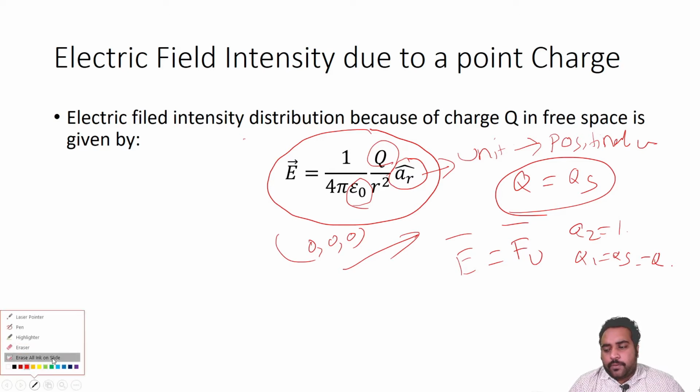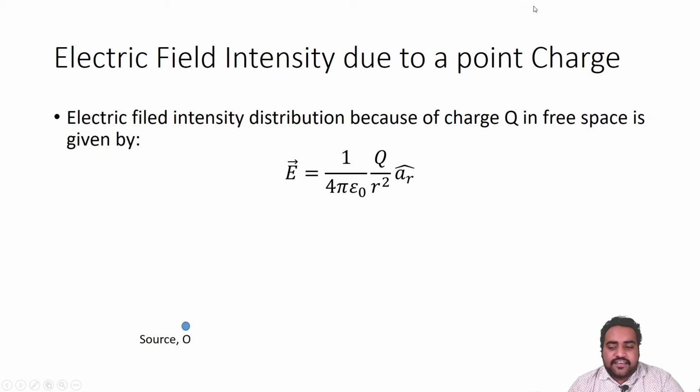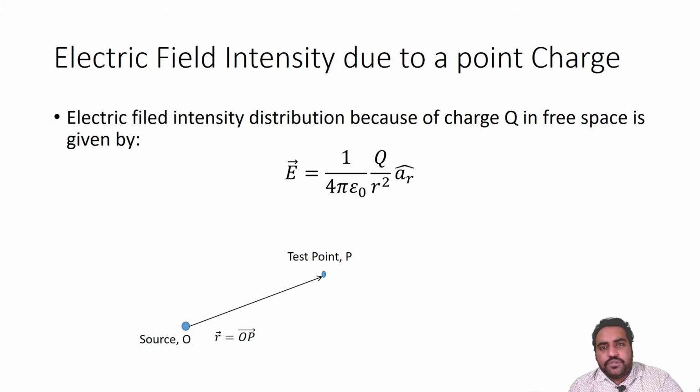Now let us discuss. I'm just showing this in an animation. The source is assumed to be at origin, and the test point is at P. Then R bar is nothing but the positional vector. So a_R cap would be the unit vector along the positional vector.